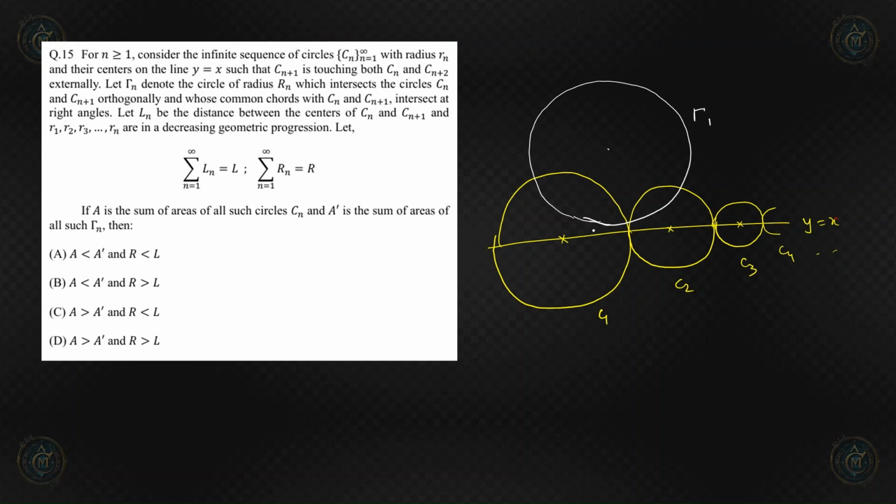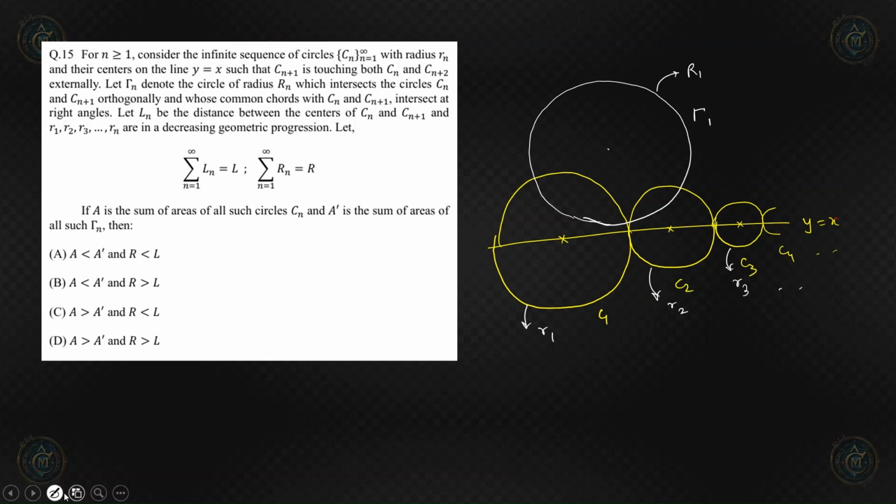So we have the radius of this circle as capital R1, this as small r1, this is small r2, this is small r3 and so on. We also have another criterion for gamma n, that the common chords of gamma 1 and C1, and gamma 1 and C2, intersect at right angles.